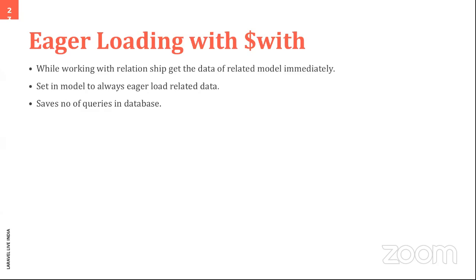But that increases the number of queries in your database. So let's say you have 2 records and you have 4 child records. The multiplication will be done, and that's the number of queries that will be executed. Obviously, as developers, we want to reduce the number of connections and queries to the database. So here you can use eager loading.